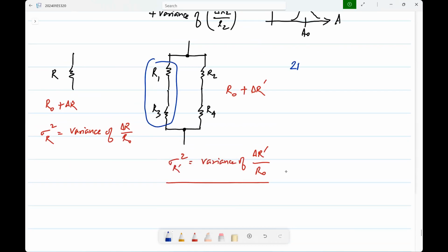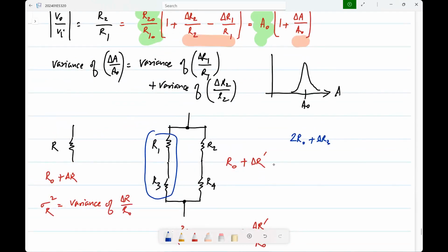It is 2R naught plus delta R3 plus delta R4, and the other one is 2R0 plus delta R1 plus delta R3, this is delta R2 plus delta R4.